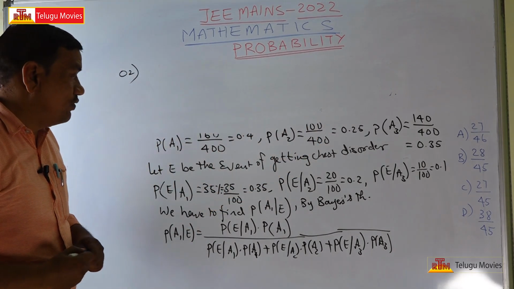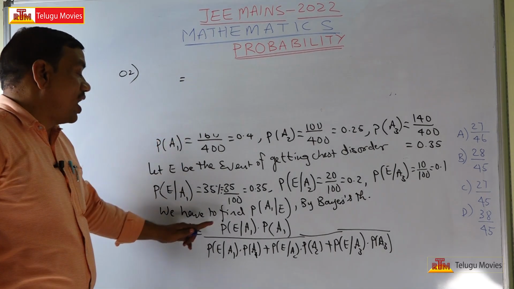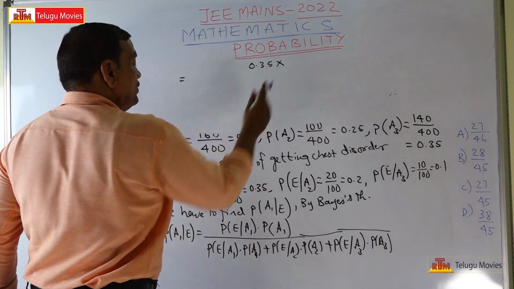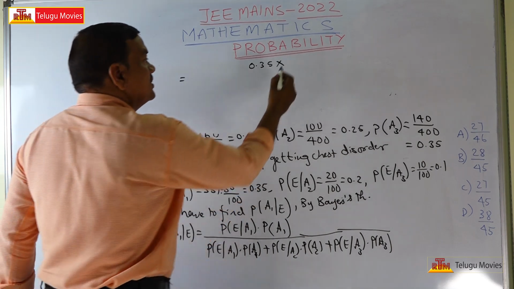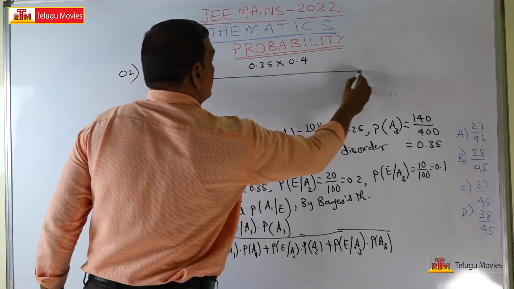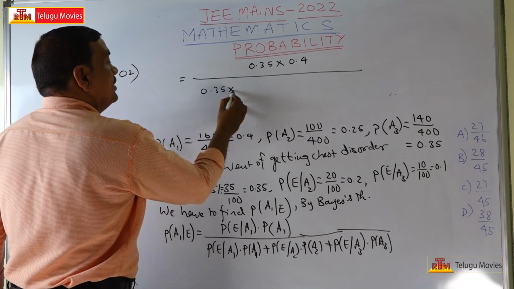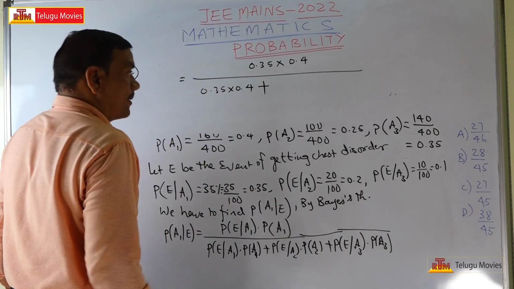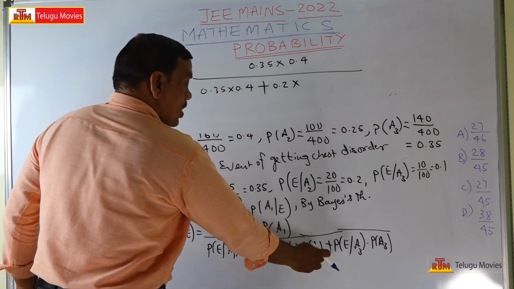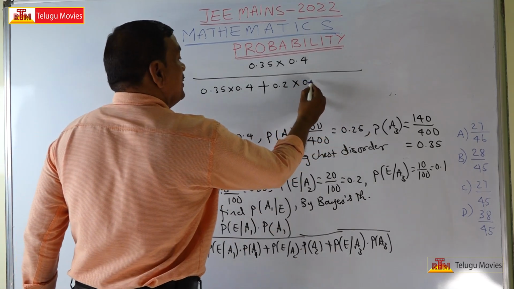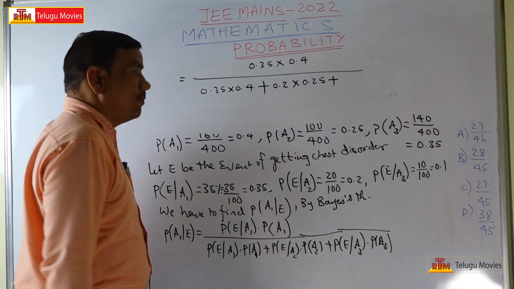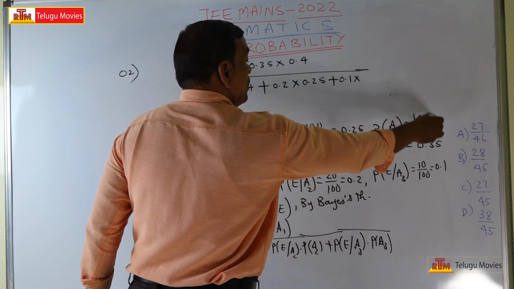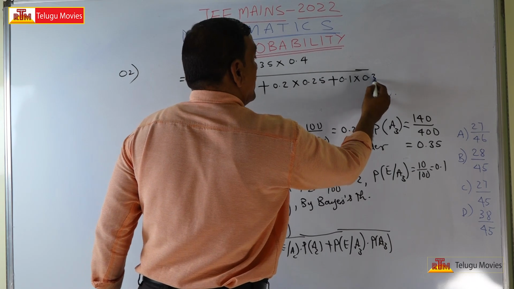Okay, so let us come to our problem. This is equal to probability of E given A1, which is 0.35, into probability of A1, which is 0.4, divided by 0.35 into 0.4 plus 0.2 into probability of A2, which is 0.25, plus probability of E given A3, which is 0.1, into probability of A3, which is 0.35.